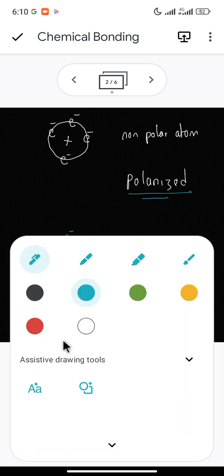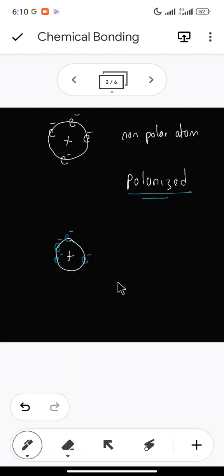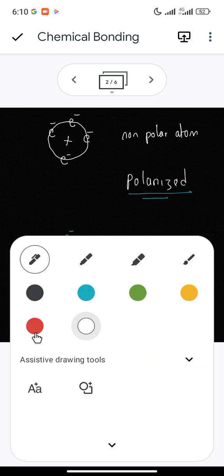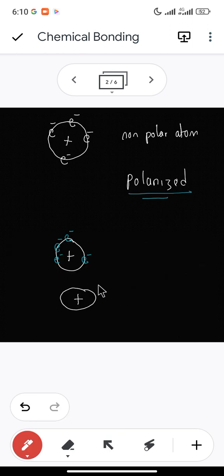Understand? So in essence, since this side is the electron-deficient side, it is going to have a partially positive charge, and since this side is the electron-rich side, it's going to have a partially negative charge.